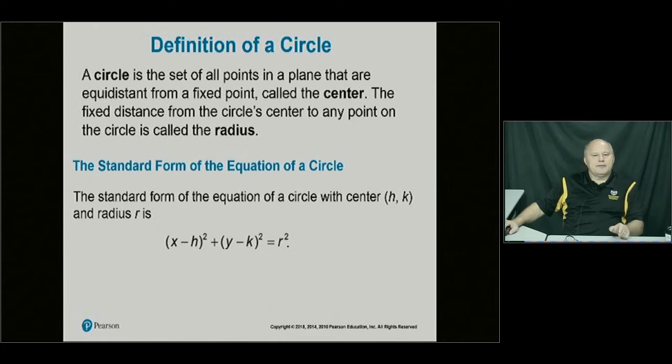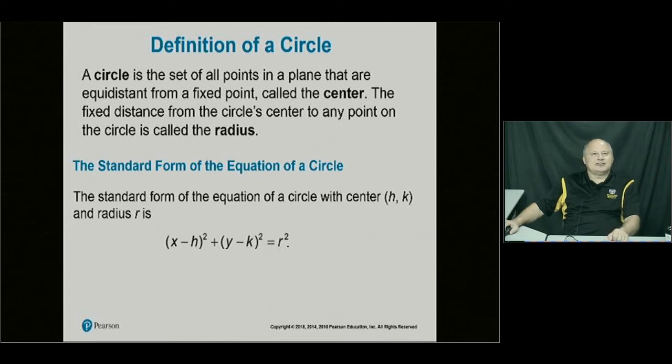If you remember, I told you the distance formula comes from the Pythagorean theorem. Well, this formula comes from the distance formula. So the equation of a circle is just like the distance formula, because if you remember, d is equal to the square root of the difference of the x coordinates squared plus the difference of the y coordinates squared.